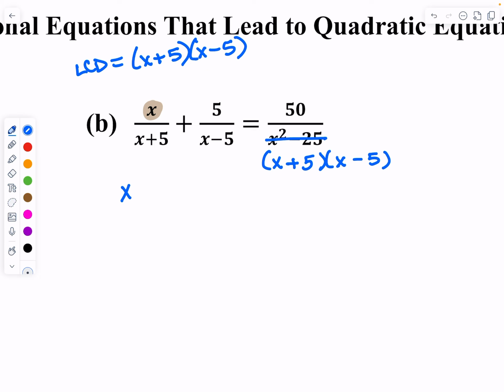So I could just go ahead and write that down, x minus 5. Again, if you want to multiply each piece by the least common denominator and cancel, you can. All right, again, I'm going to write down my plus 5. I always write down what's on top. What am I missing? I've got an x minus 5, so I've got this one. So I'm missing my x plus 5.